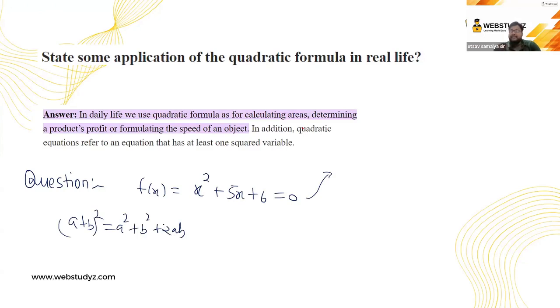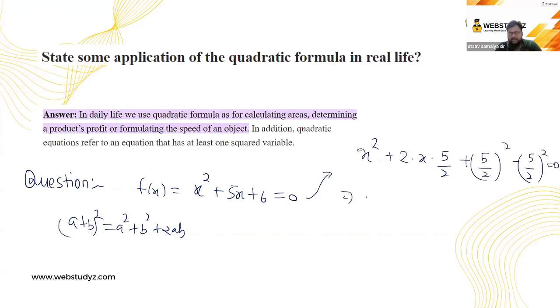So we have to make it as a complete square. So what we will do, x square plus 2 into x into 5 by 2. We divide it and multiply by 2. So this is a square plus 2ab. So this is b. That means we have to square this. And if we are adding something, we have to subtract, minus 5 by 2 whole square is equal to 0.